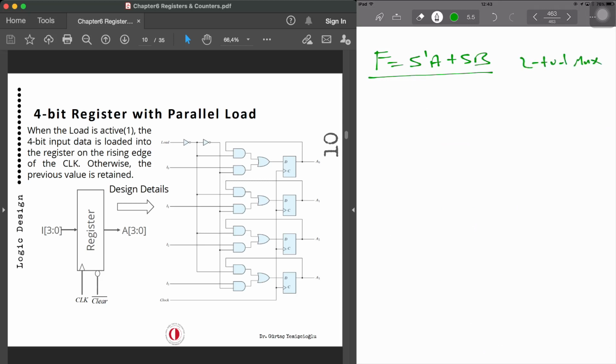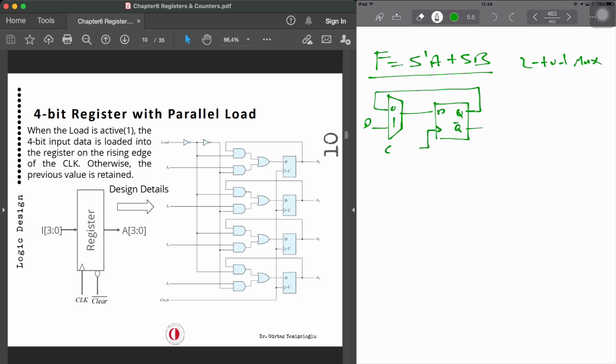So if you want, you can just use a multiplexer symbol in front of the D-type flip-flop, or you can use the AND gates and the OR gates to represent the logic required. So 0, 1, this is going in, this is data, and that's the clock.